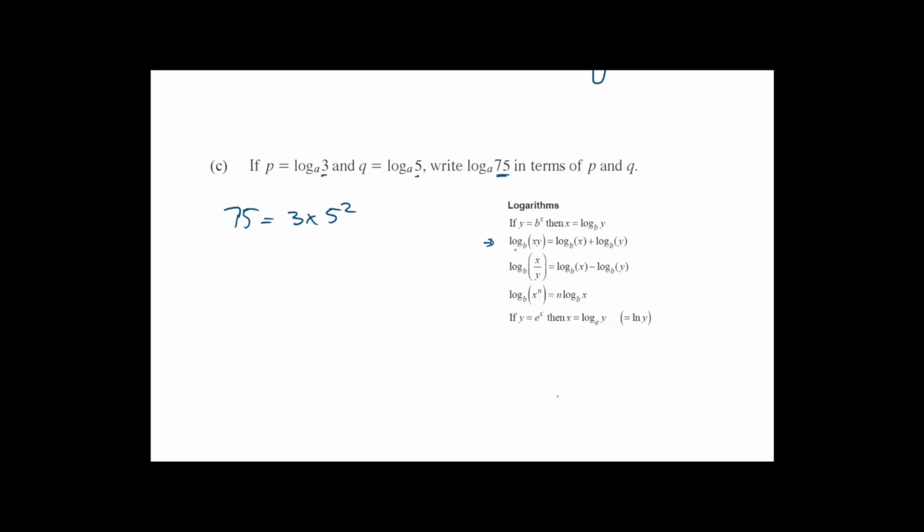So we can now exploit this one. We're going to have to do something with the exponent here, but that's fine because we can now exploit this rule here. So let's do that.